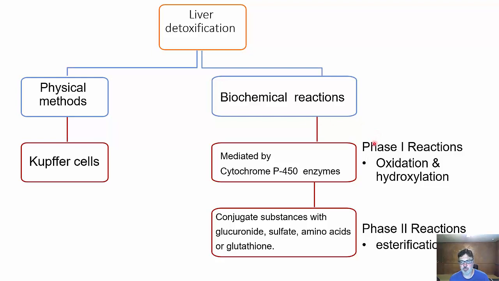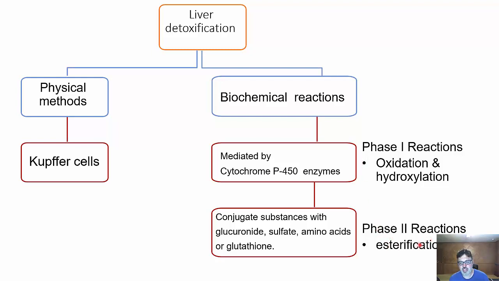There is what we call a phase 1 reaction, followed by a phase 2 reaction. In the phase 1 reaction, we have oxidation and hydroxylation of the chemicals. And this is mediated by a very important enzyme called cytochrome P450. So this guy right here will mediate the oxidation and the hydroxylation of these different biochemicals that are being broken down. After that, we will have a phase 2 reaction.